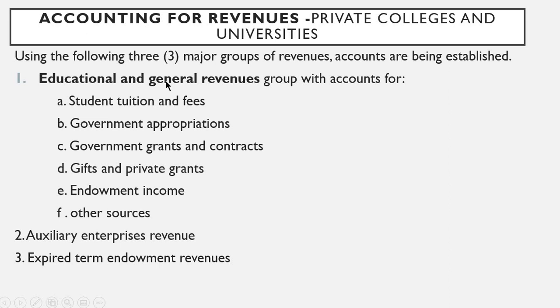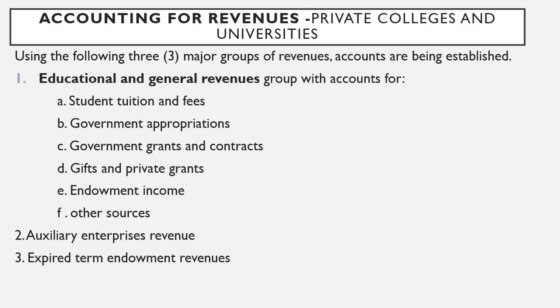First, you have the educational and general revenue groups, which account for revenues relating to student tuition and fees, government appropriations, grants and contracts, gifts and private grants, endowment income, and those other sources not mentioned here but still related to the educational and general revenues of the private college or university.